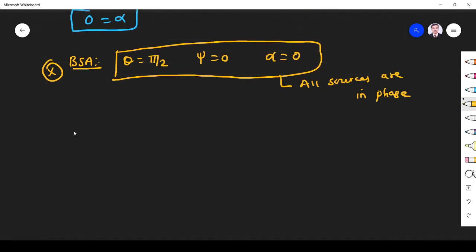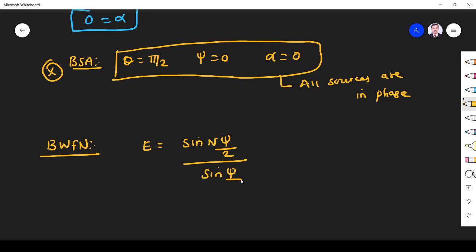First we derive the beam width between first nulls. We know the normalized electric field for any uniform linear array is sine n psi by 2 divided by sine psi by 2. If you have any doubt on this, please refer to my video on uniform linear array, where I have derived this equation.